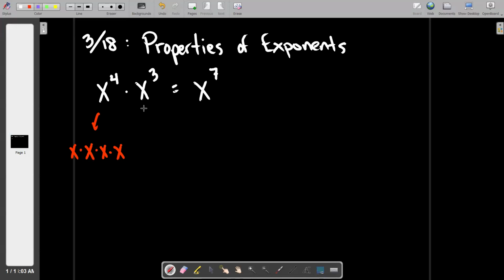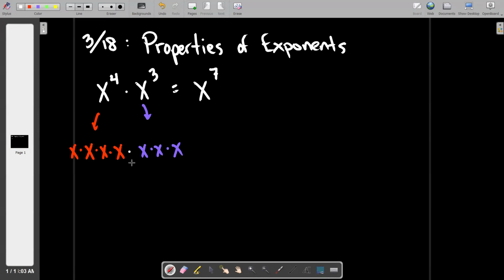And what is x to the 3rd? X times itself 3 times. If you stack 4 x's side by side and 3 x's side by side, it's pretty hard to refute that there are 7 of them, hence the answer.